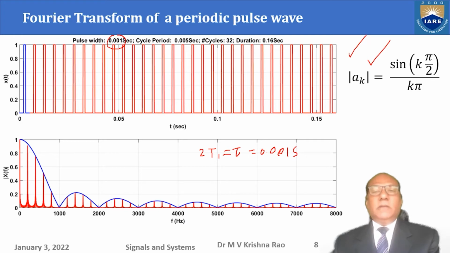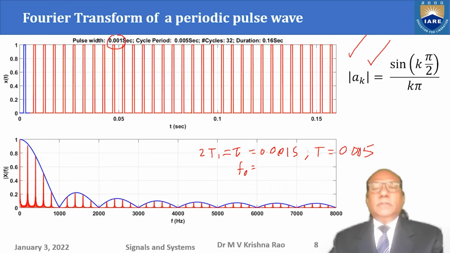Now what is the fundamental frequency here? What is the fundamental cycle period? Small tau is the on period, capital T is the cycle period, that is 0.005.